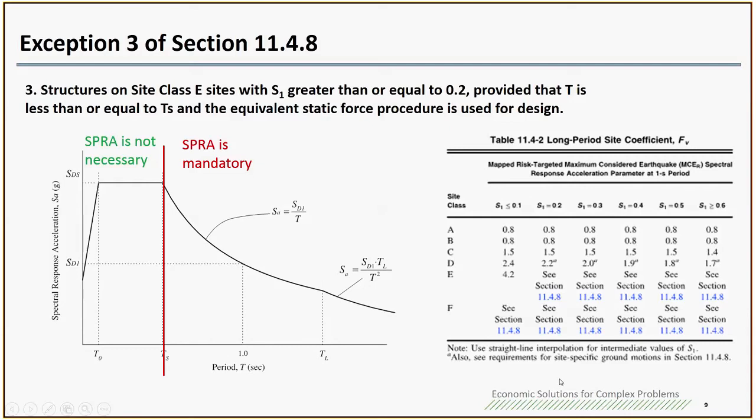That's why in the IBC 2018, they put those values back. Those values are the same as the site class D values, the 2.2, 2.0. They are mainly used to calculate the TS.